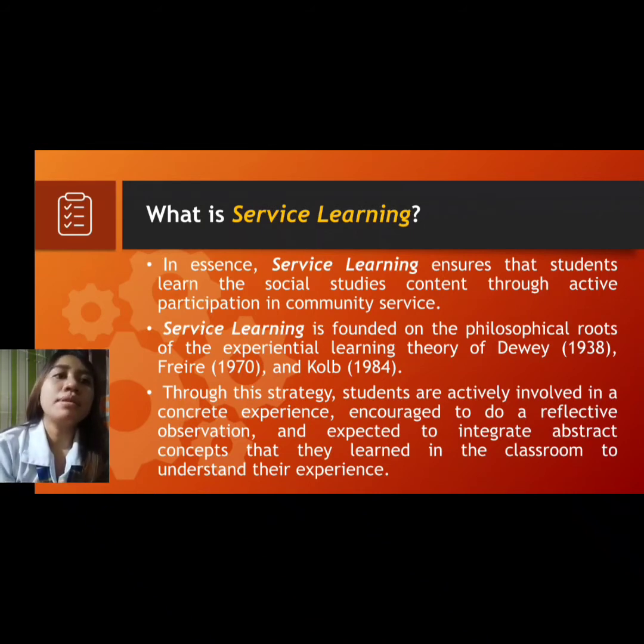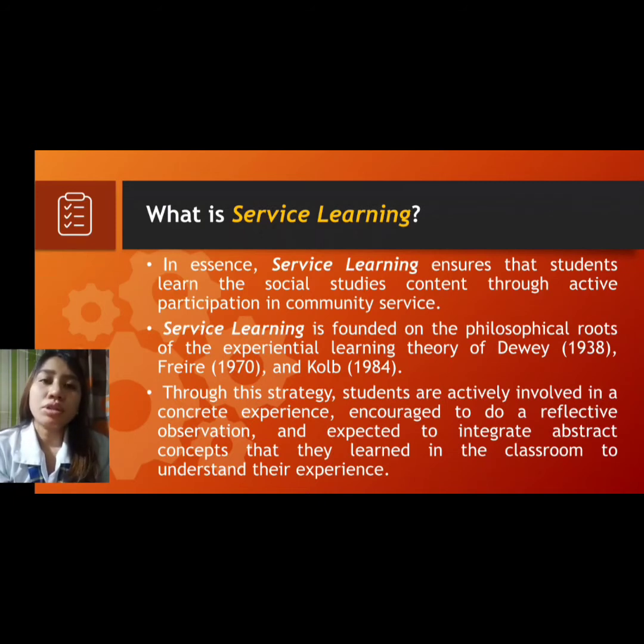So, ang sabi din dito, encourage to do a reflective observation. So, yun nga, after these activities na matapos nila, nire-require din silang magkaroon ng isang observation about sa kanilang na-experience outside the school.